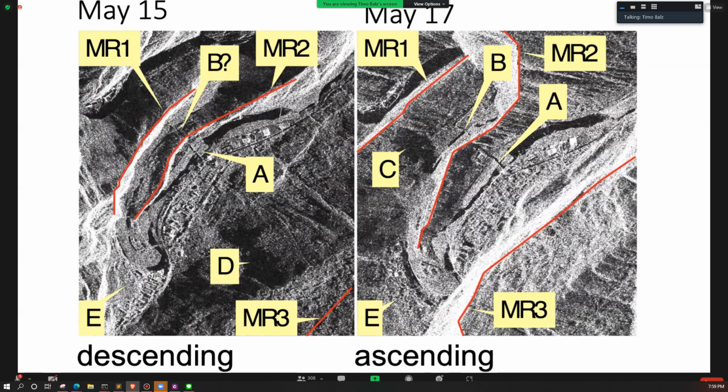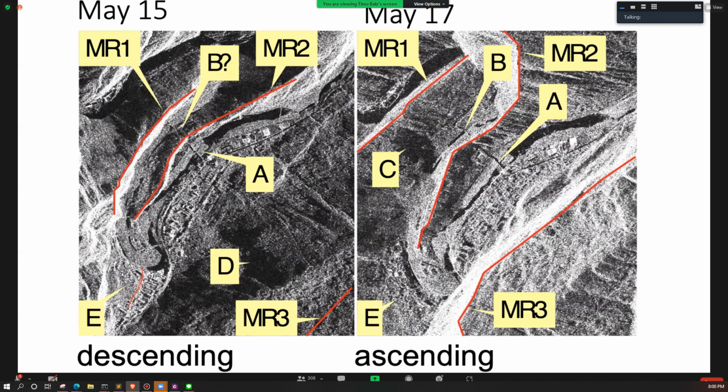Now area E we see in both images. Okay. Again, the destruction caused here, we can identify much better in the descending image because we see the line of the buildings. Here are the buildings, that's how they should look.